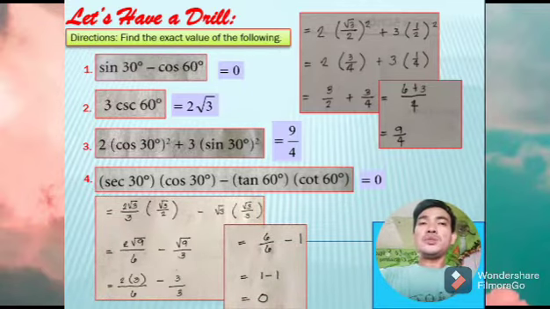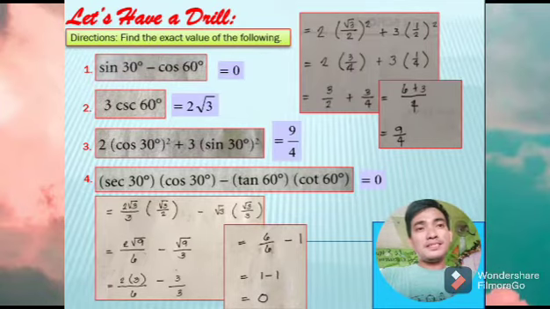Remember that secant 30 degrees is equal to 2 square root of 3 over 3, and cosine 30 degrees is square root of 3 over 2, subtracted by tangent 60 degrees, which is square root of 3, and cotangent 60 degrees, which is equivalent to square root of 3 over 3. To simplify, you would have 0. Okay, that's very clear now.